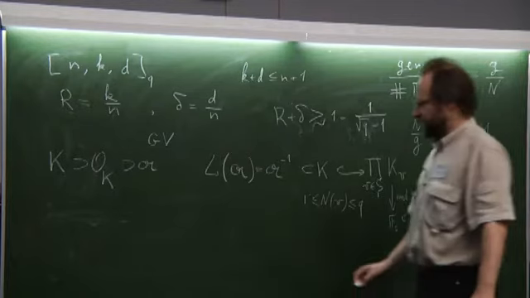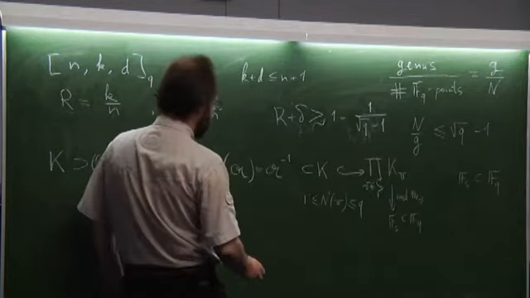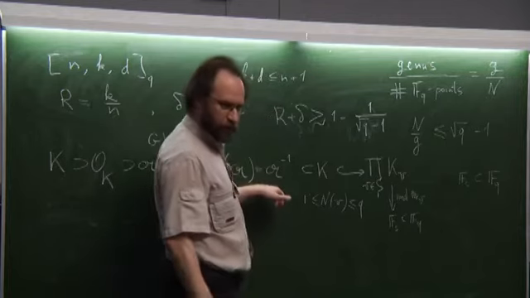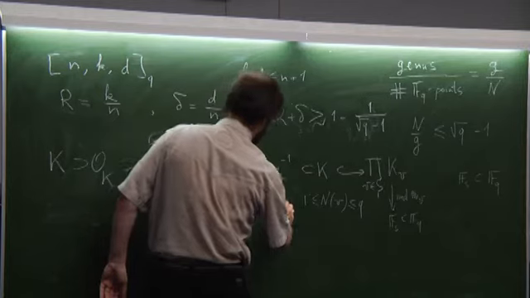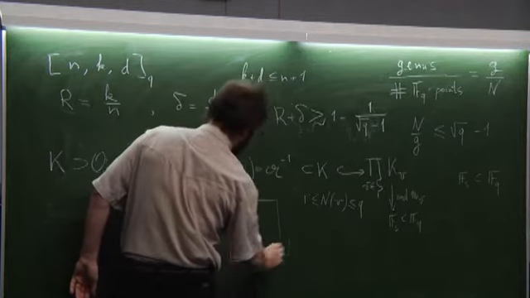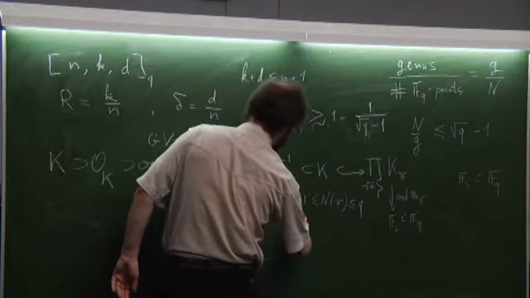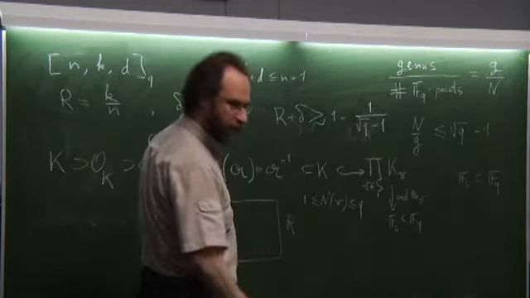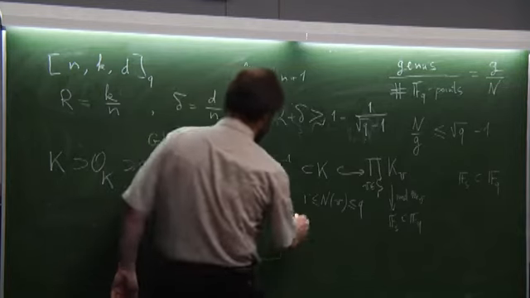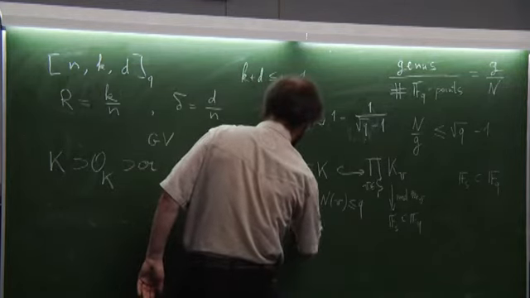For an infinite place, you take not all the elements here, but only those that fit into a certain cube. So in R, you may consider that the field is totally real. It's easier, but it doesn't change a lot. So R to some power m.